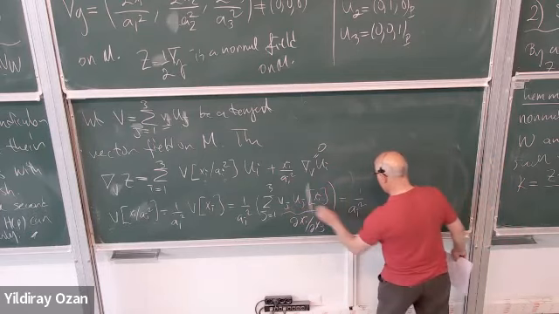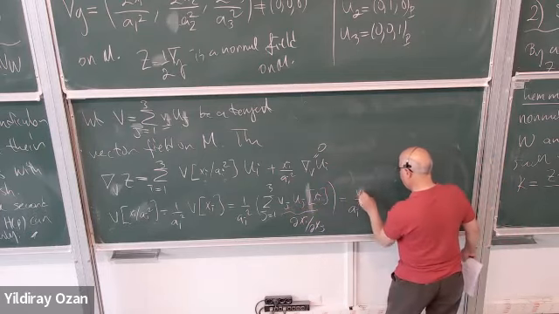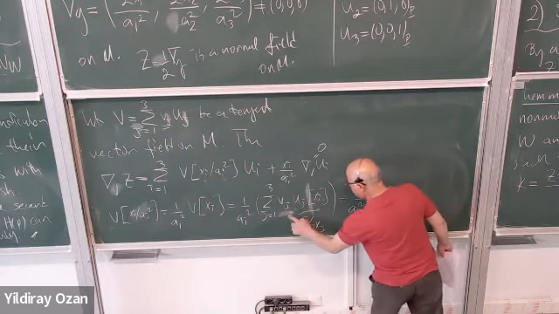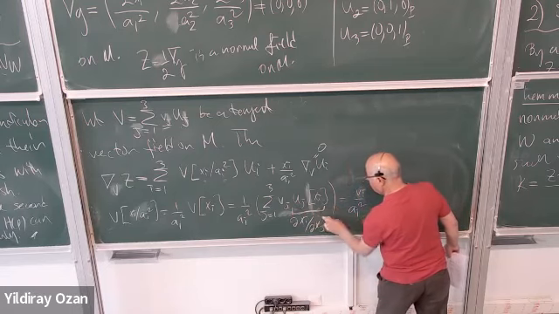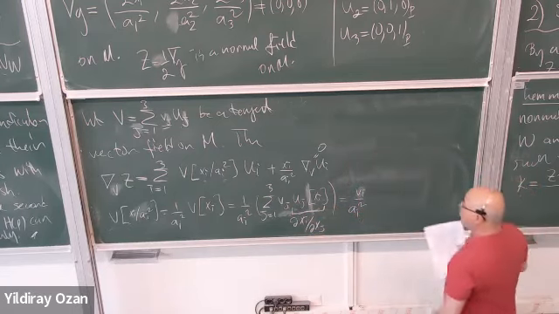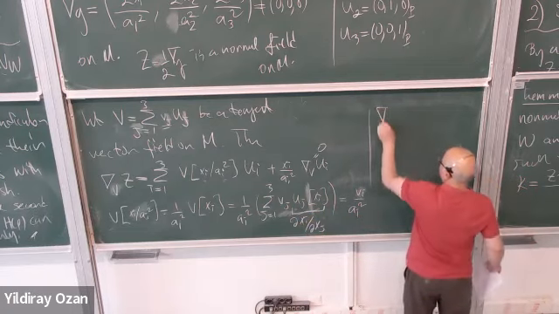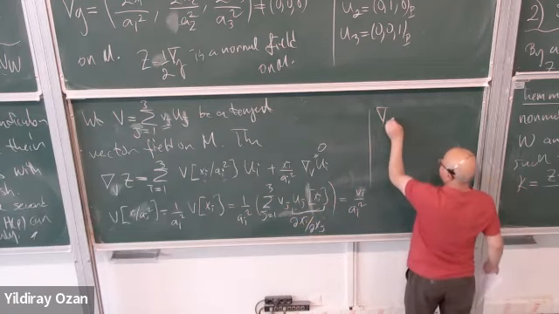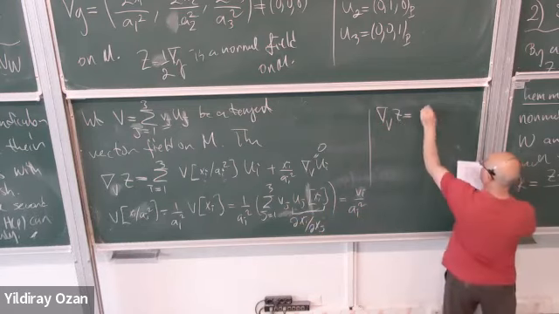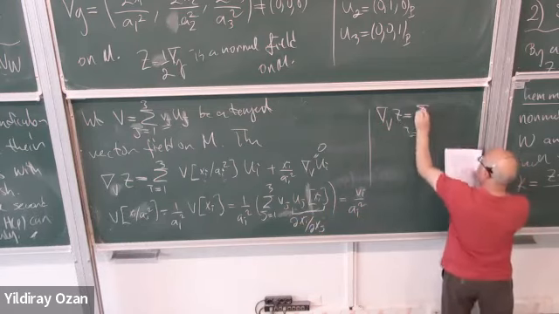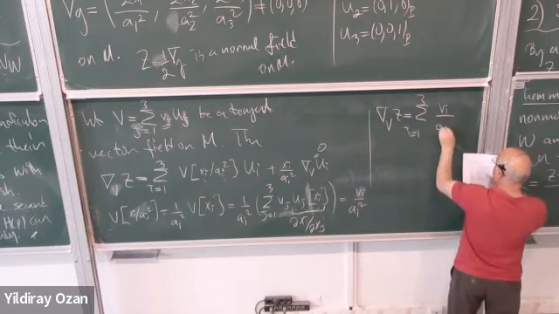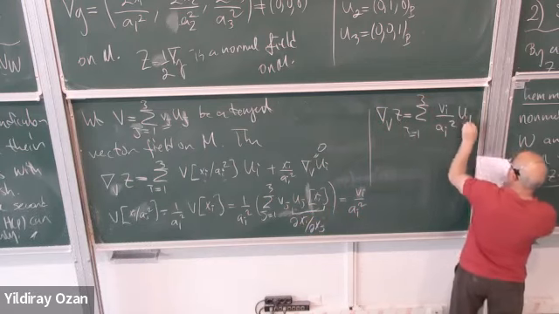I mean, I have also, of course, this v_i. This is 1, so this thing is 1, and then I have v_i. So what we have is the covariant derivative of this, which is just the sum over i from 1 to 3 of v_i divided by a_i squared times u_i.